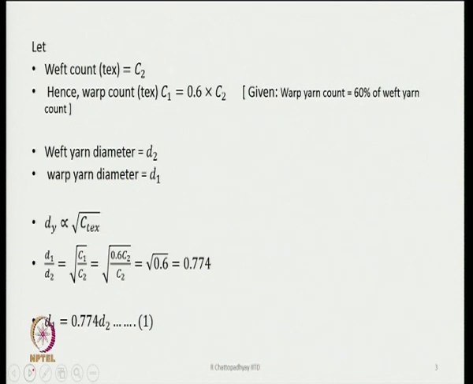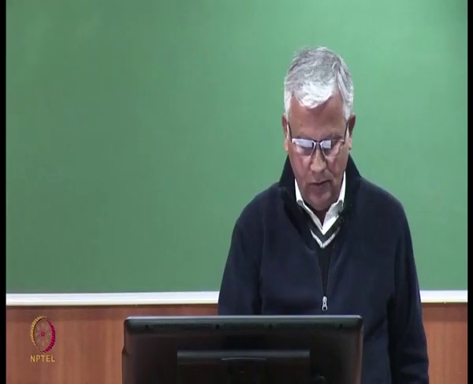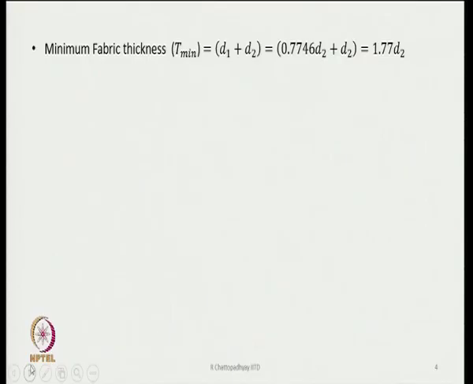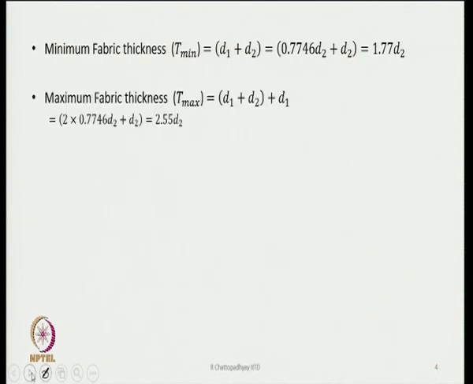So, warp yarn diameter will be 0.77 times the diameter of weft yarns. Now, the fabric thickness has been specified, so we have to meet this requirement.